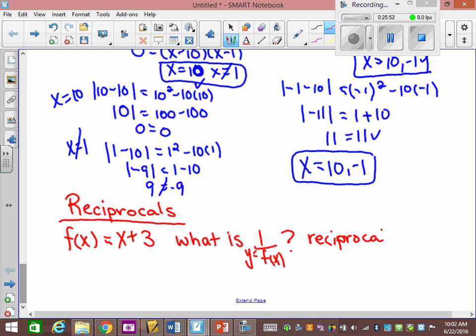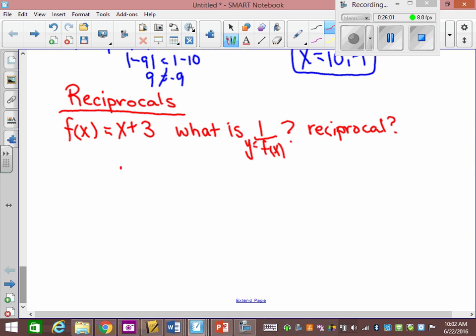The reciprocal is just 1 over the function itself. So either one of those works. So y would equal 1 over x plus 3, right? Now remember, your horizontal asymptote is y equals 0. Always for you guys, which is nice.